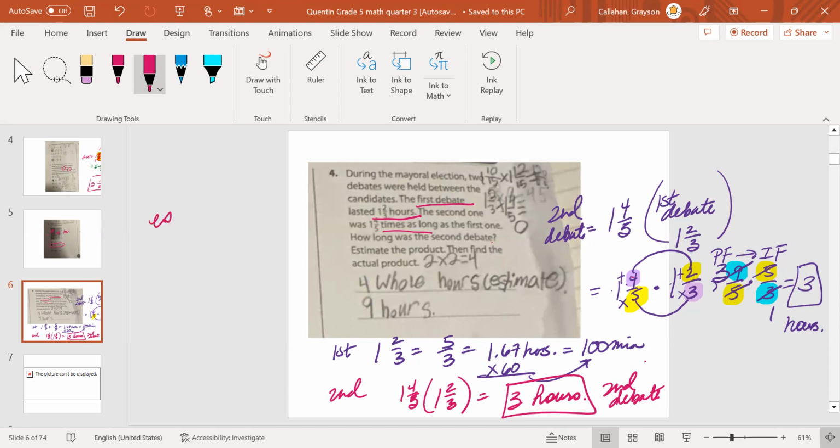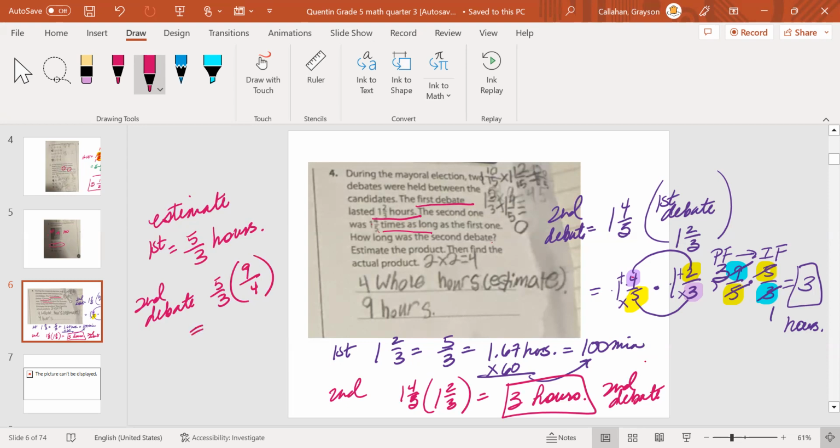And if we have to estimate this, Quentin, if the first debate is 5 over 3 hours, right? So the second debate, and you need to write this down, is 5 over 3 times 9 over 5, right?